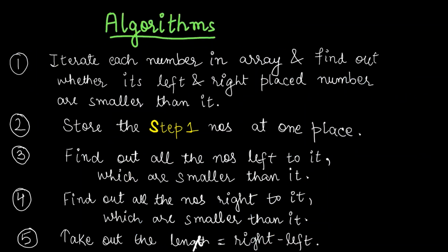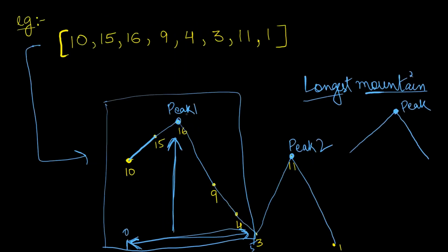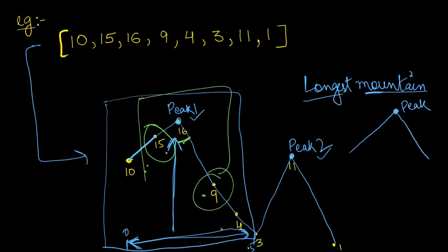Now we will see the algorithm, how to solve it. As we have seen, first we need to detect how many peaks there are. Peaks कैसे निकलेगा? हमको आइटरेट करना पड़ेगा हर एक नंबर पर. जैसे यहाँ पे 16 है. Here we will be seeing that 15 and 9 should be less than 16. तो ये एक peak बना रहा है.